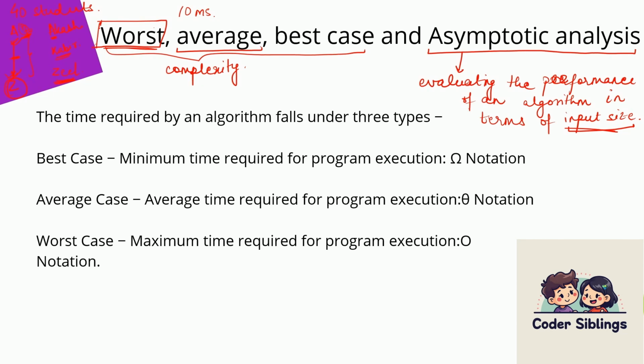So now the time required by an algorithm falls under three types as we've discussed: best, average, and worst cases. Best case will be the minimum time required for a program execution. Like here we discussed finding out Akash from a registry of students from A to Z, because Akash will be present at the very first roll number, right?